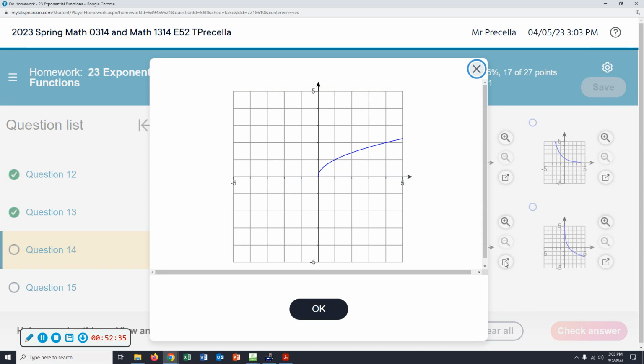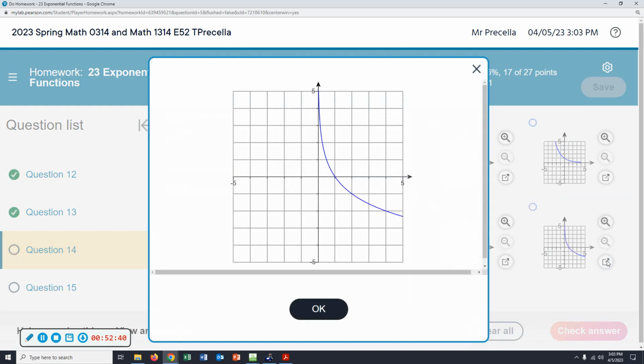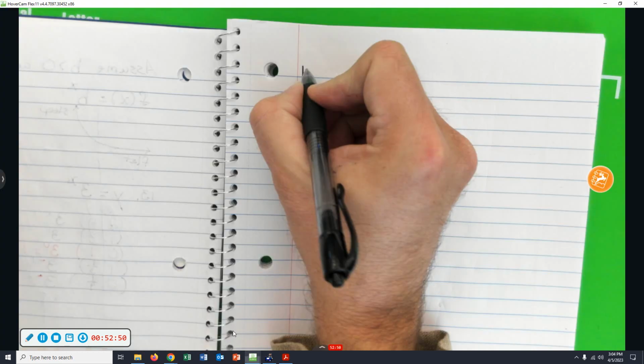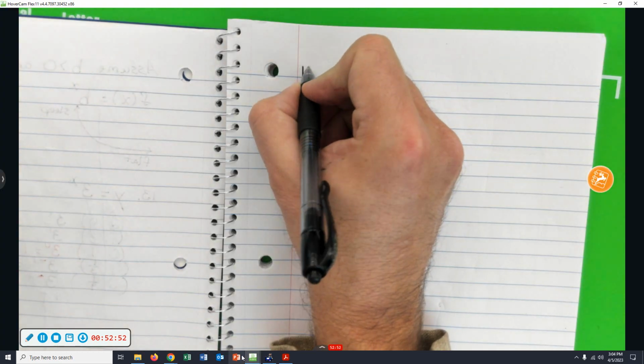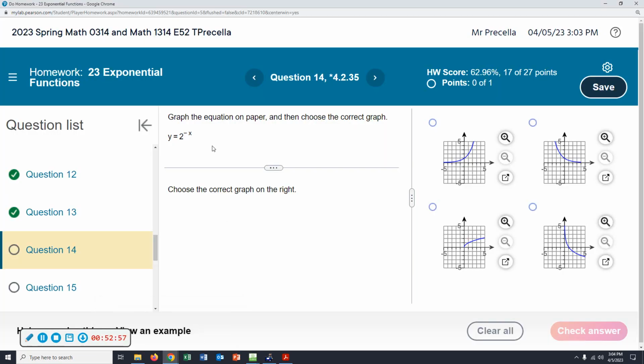That doesn't have the shape, and neither does that one. So let's plot some points. This is a good exercise in properties of exponents also. This is number 14. We're graphing y equals 2 to the negative x.